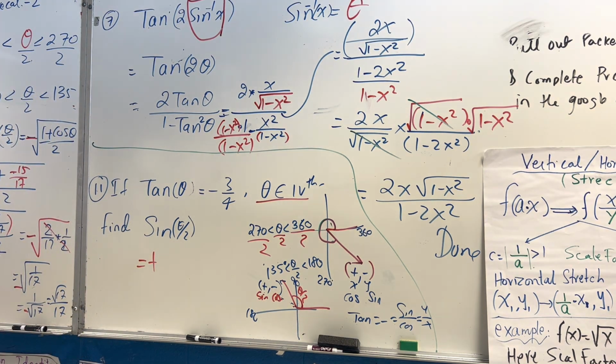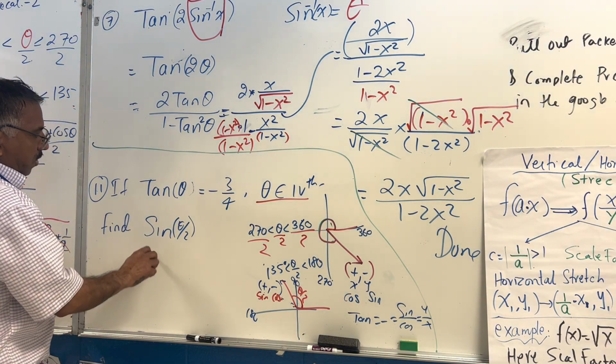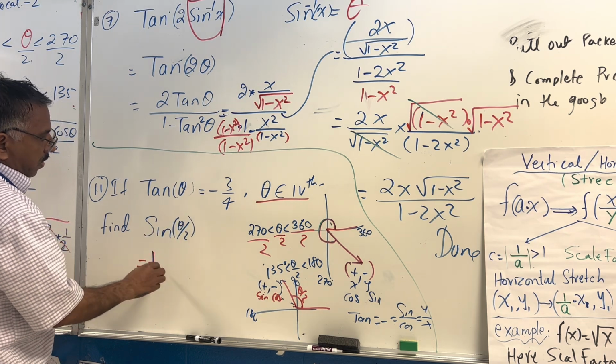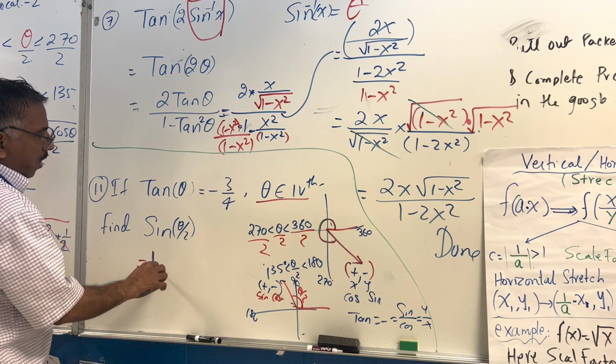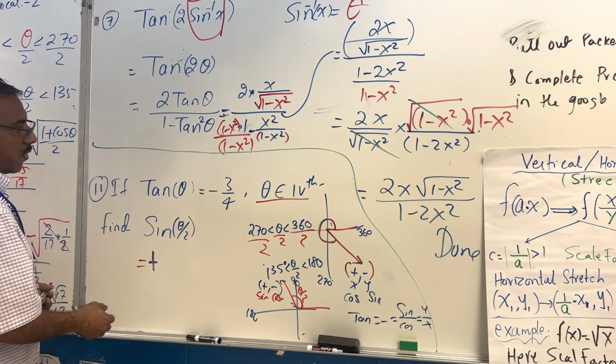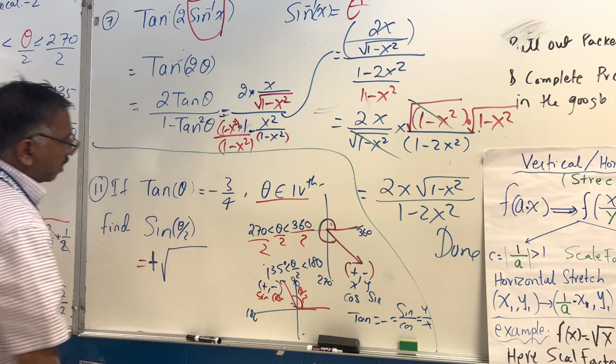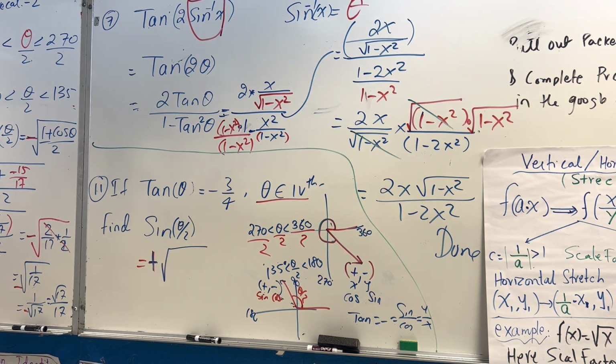So the formula for sine theta by 2, we can write square root of, you can use the double angle formula. The double angle formula that you can use is 1 minus cosine, or is there a formula I can think directly?